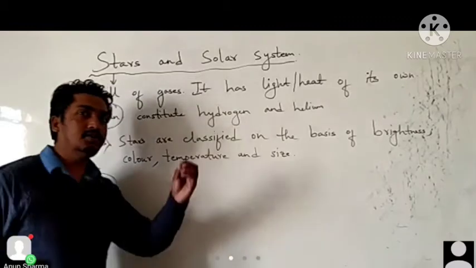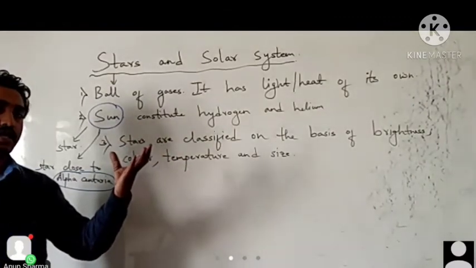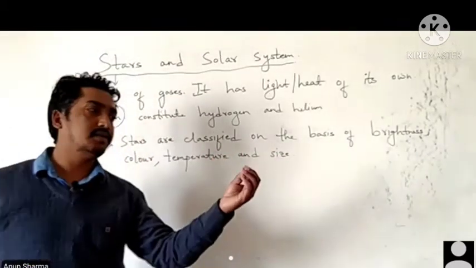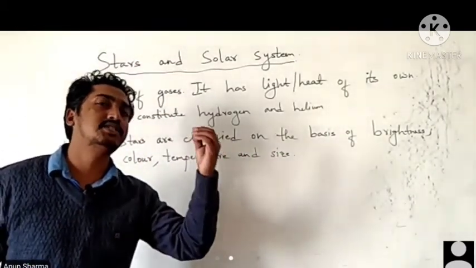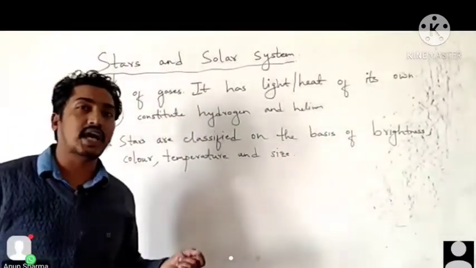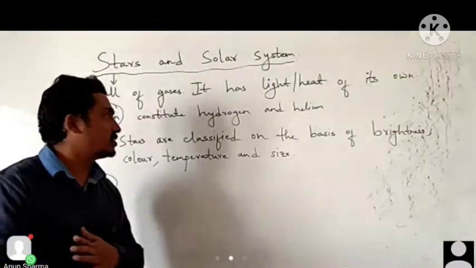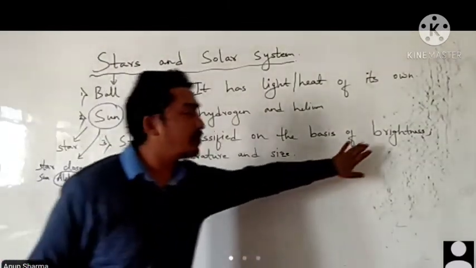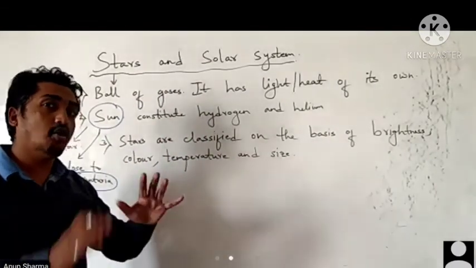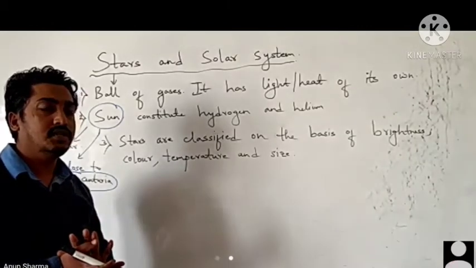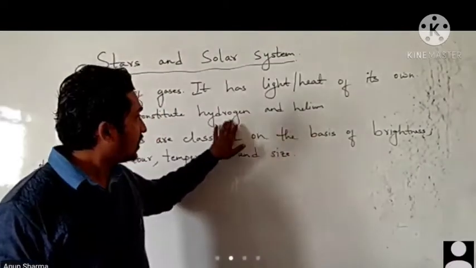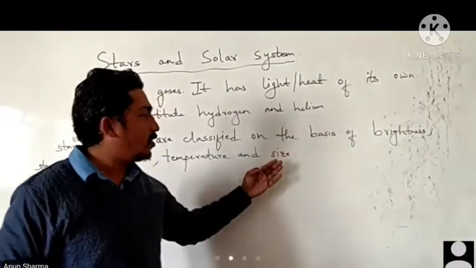That means the twinkling that you see at night: some stars are very bright, some are not that bright, and some are very dim. We can only see them if you have good sight or if the sky is clear, but that depends on brightness, color and temperature. Not all stars have the same temperature; it can differ according to the constituent elements like hydrogen and helium, and also size.